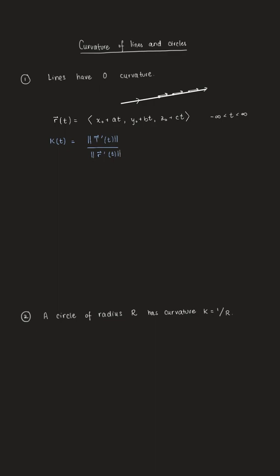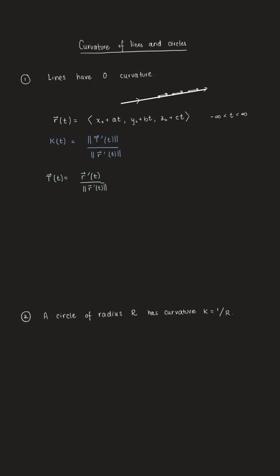Let's first find our unit tangent. Our unit tangent vector is going to be the derivative of our vector function divided by its magnitude. So we need this first.